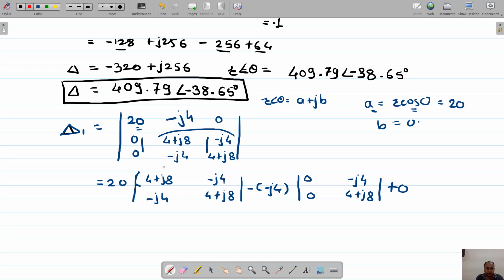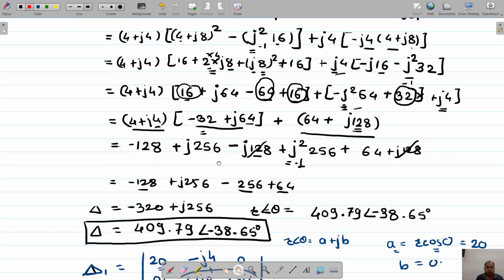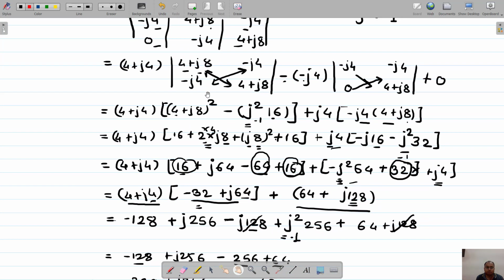We have already calculated this while calculating delta. Let us recall it. Just pay attention over here. Already we have calculated this one, and this we have resulted as the value of that particular multiplication.